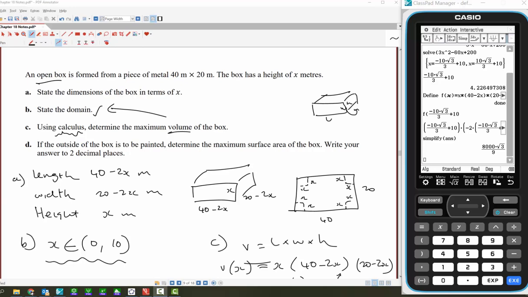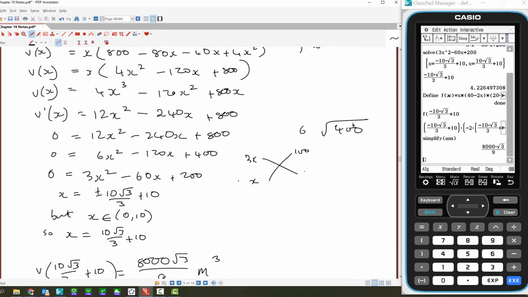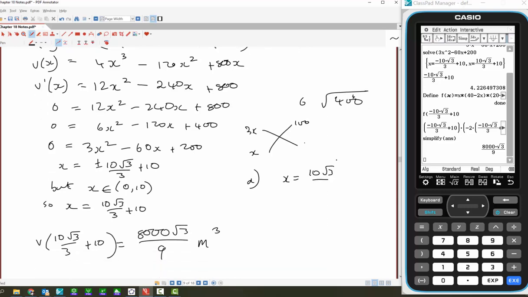So this last question is a bit of a trick question. The fact that they use the word maximum surface area seems to suggest that you're maximizing surface area, or that you need some calculus to do this question here, but in fact you don't. So what we're going to do is part D. Now we know that x equals 10 root 3 on 3 plus 10 is where the maximum volume occurs.